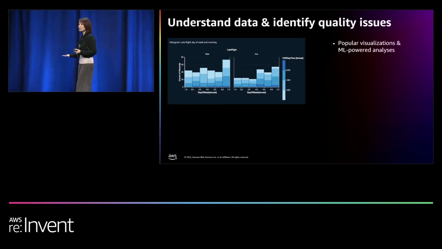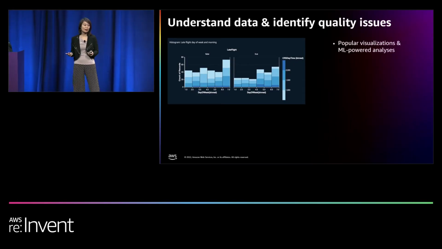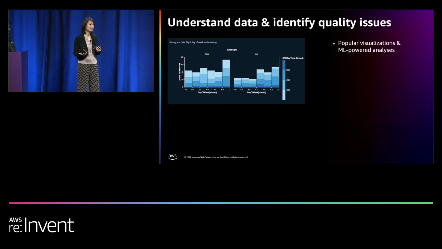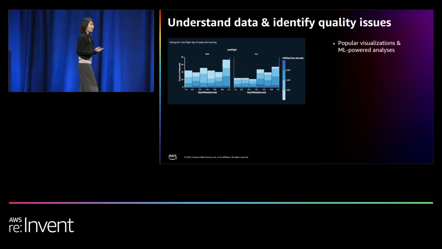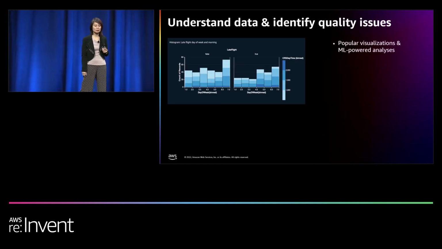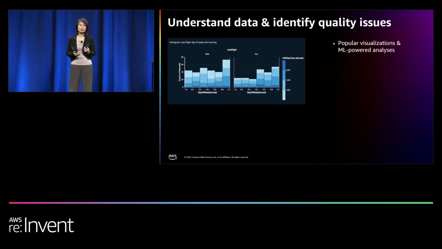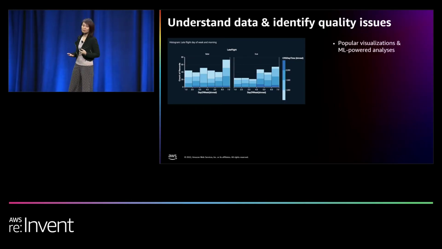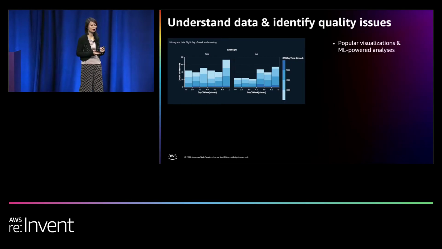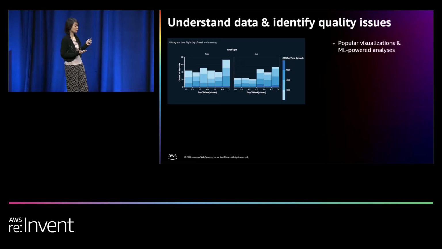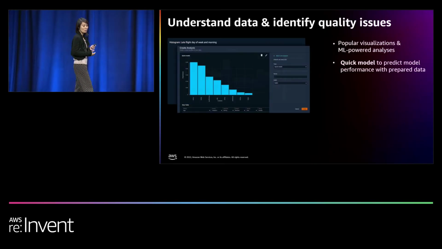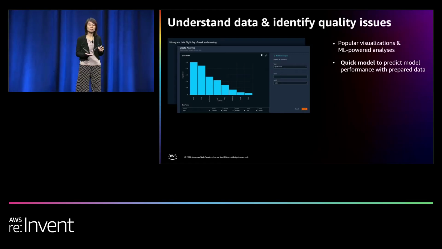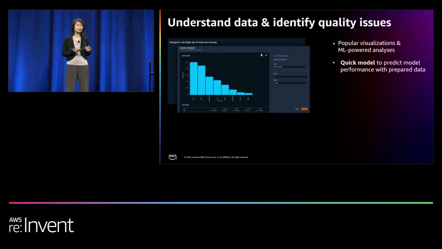Once you have the data in one single place, the next thing that you generally have to do is understand the data and identify quality issues. This generally requires writing boilerplate code, and Data Wrangler makes this easy by bringing in popular visualization and analysis templates by default, and you can quickly configure them in a few clicks to show you the insight that you need. More importantly, it also provides advanced machine learning powered insights such as Quick Model.